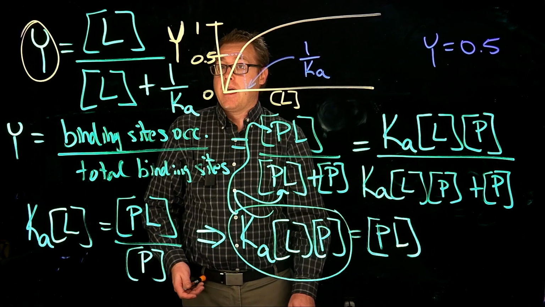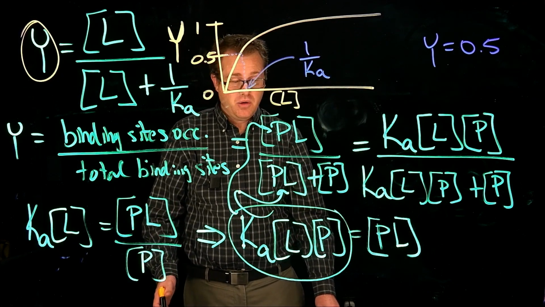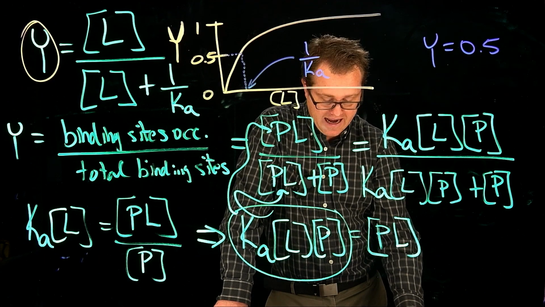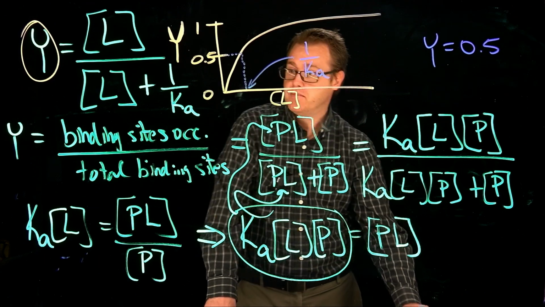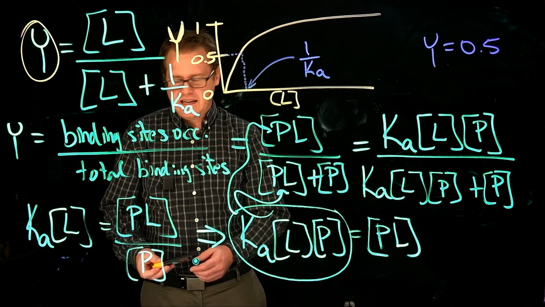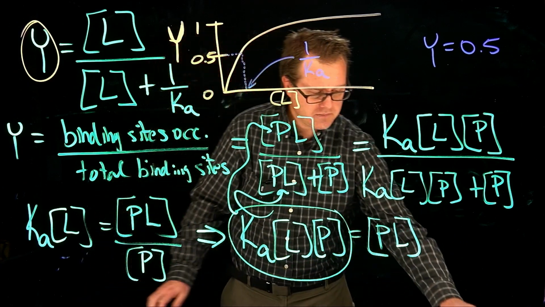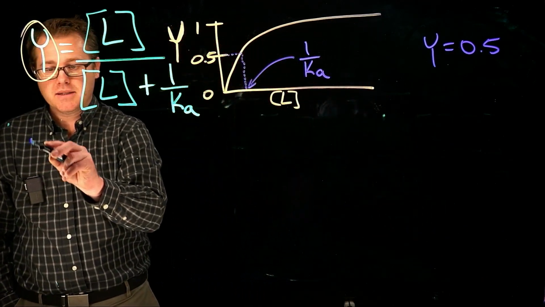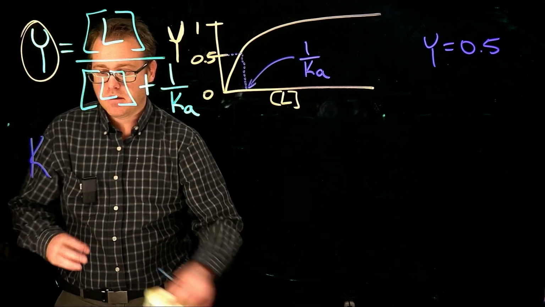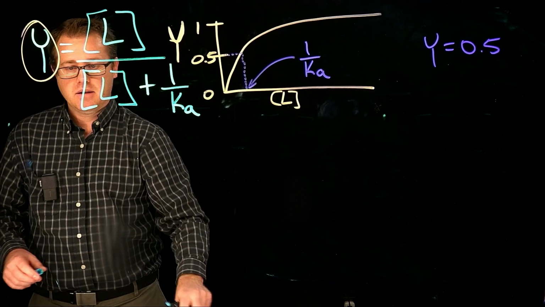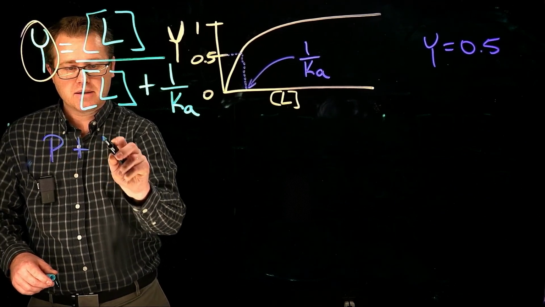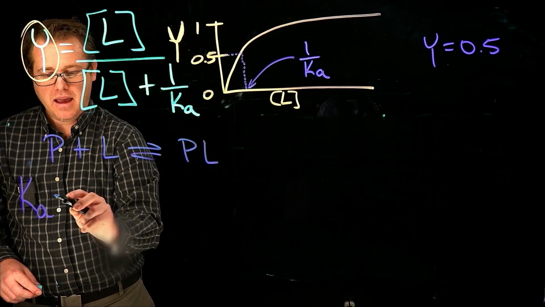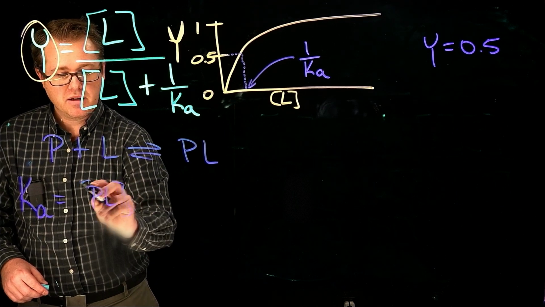Now, the easier way to do these types of experiments is to look at the Kd. Okay? So what would the Kd represent? Now we've already seen the equation for Ka. That is where you have protein plus the ligand, Pl like that. And we said Ka is the concentration like this.